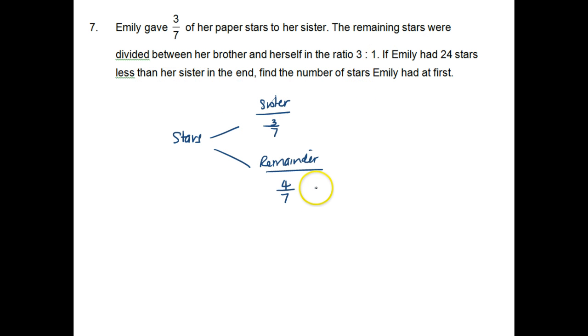She divided the stars between her brother and herself, which is Emily. Ratio 3:1. So it's 3 and 1. You realize 3 and 1 is 4. So it's 3/7, 1/7. Alternatively, we can draw our model.